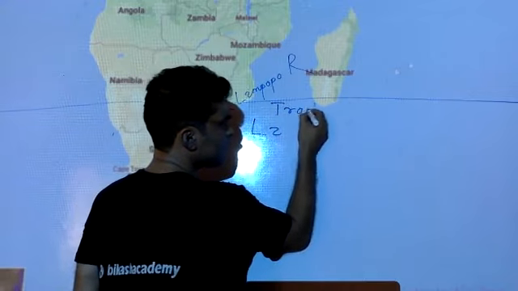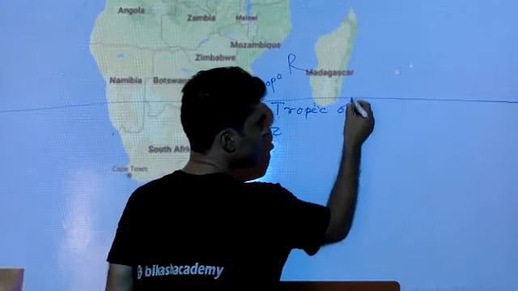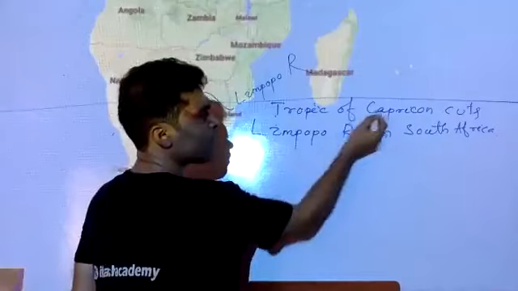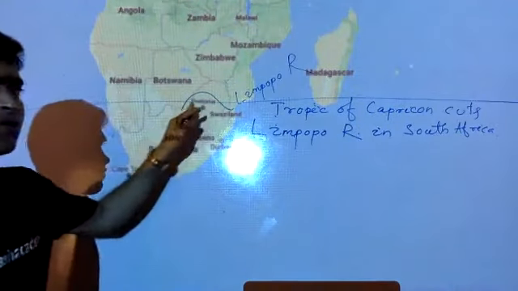You just write: Tropic of Capricorn cuts Limpopo River in South Africa.